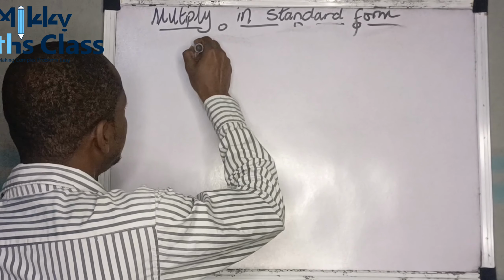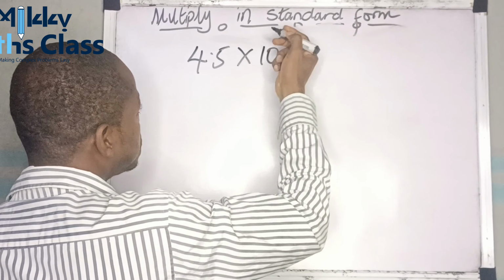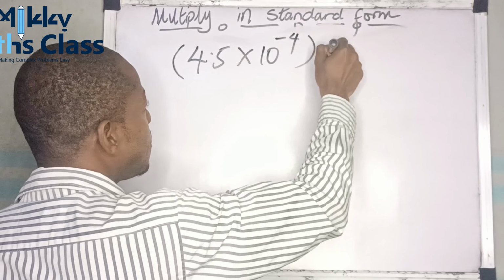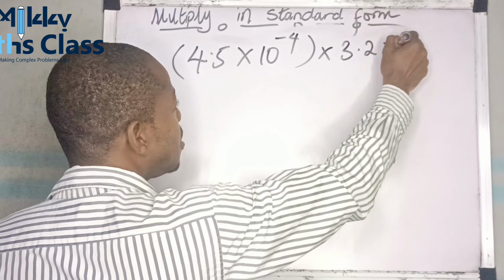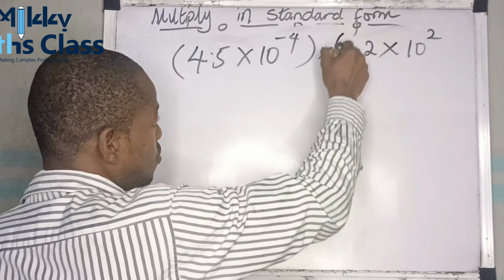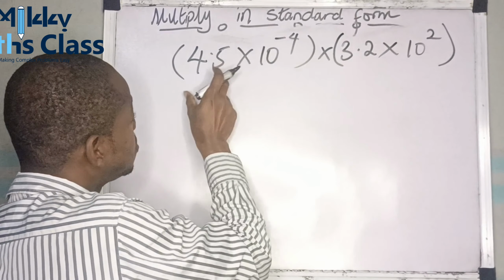You can have something like this: 4.5 times 10 to the power of, let's say, negative 4 times 3.2 times 10 to the power of 2. Multiply these two. Now the first thing we do, we'll bring out this.